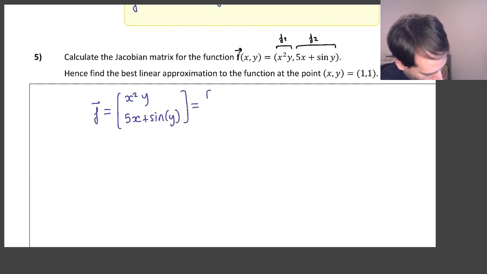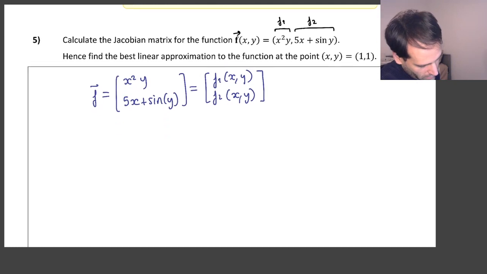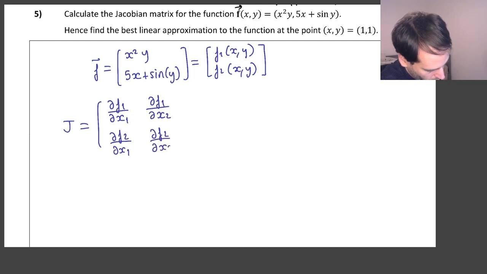And this is equal to f1, which is a function of x and y, and f2, which is a function of x and y. So this is the general case of having multiple inputs, which are x and y, and having multiple outputs, which are the two components of the vector f. The Jacobian matrix is simply going to be partial of f1 with respect to x1, partial of f1 with respect to x2, partial of f2 with respect to x1, and partial of f2 with respect to x2.